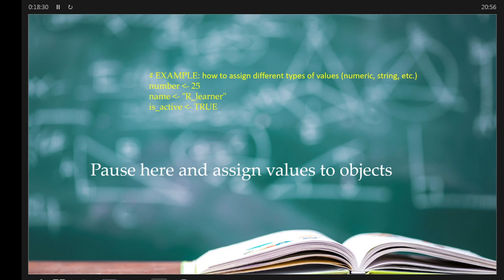For instance, assigning the number 25 to an object named number, such as in the code here in yellow, a string to an object named learner_name, as in the yellow code, or a logical value TRUE to an object named is_active, demonstrates the versatility of R in storing different types of data.